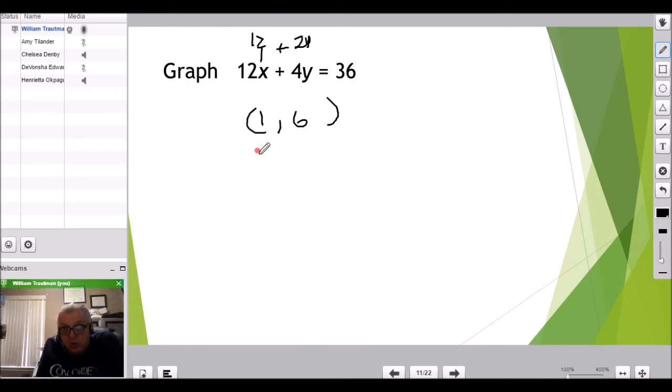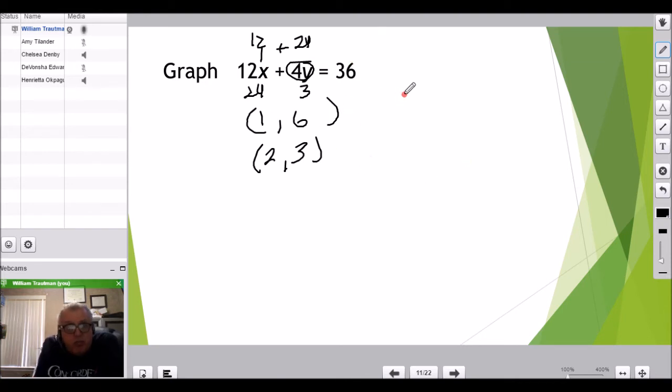It doesn't matter what points you used. I could put 2. 2 times 12 is 24. 24 plus 12 is 36. The only way to get 12 out of that would be a 3 in there. So y is 3.